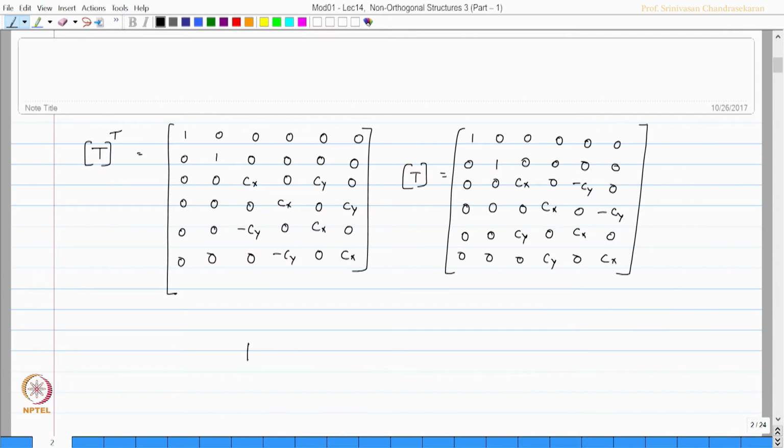And the k matrix of local for 6 degrees of freedom, namely P, Q, R, S, T and H, is also known to us.